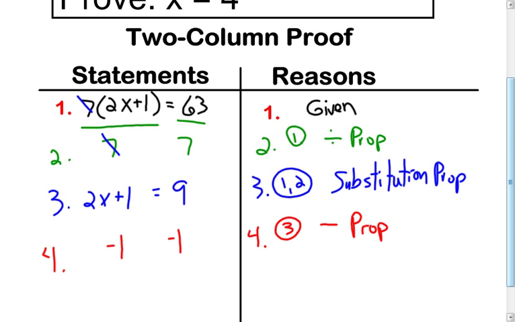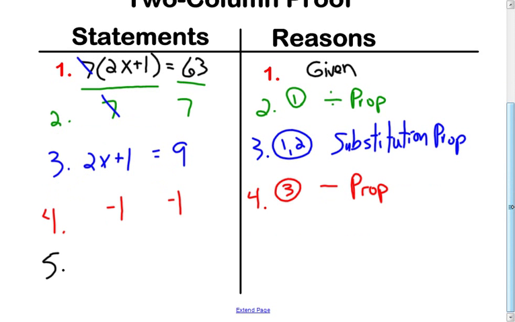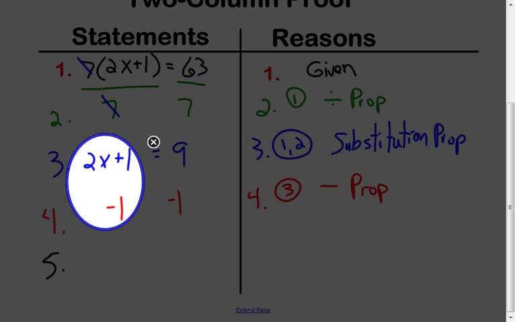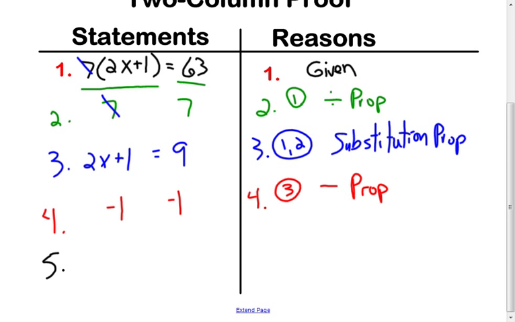I move on to line 5. And now I need to simplify all my stuff. So I'm going to take all of this and replace it with what it's equal to. And all of that is equal to 2x. And then I'll do the same thing on the other side of the equation, replace the 9 minus 1 with 8.